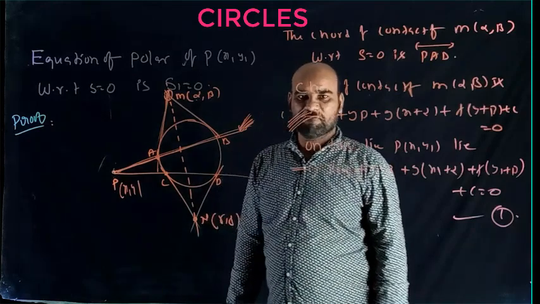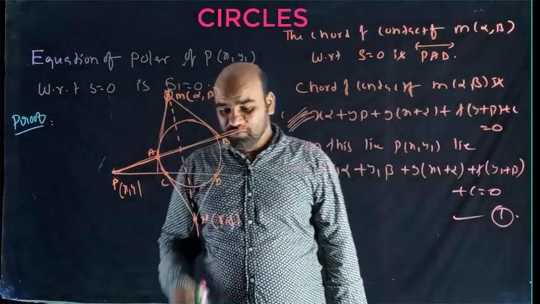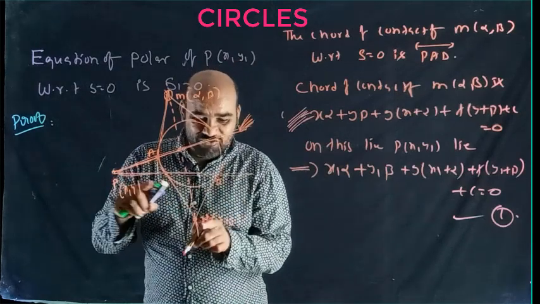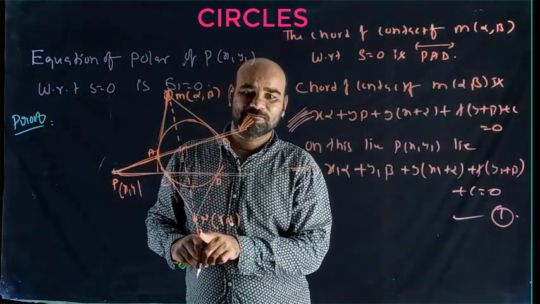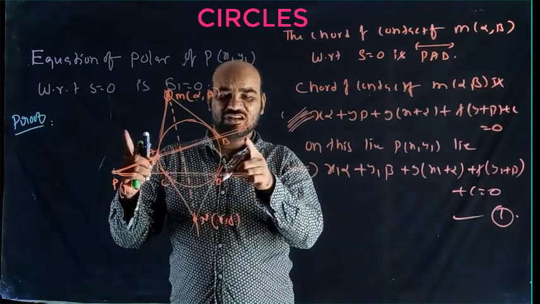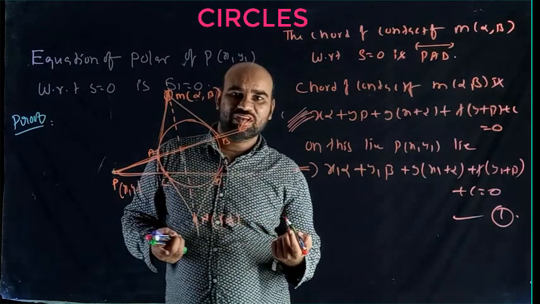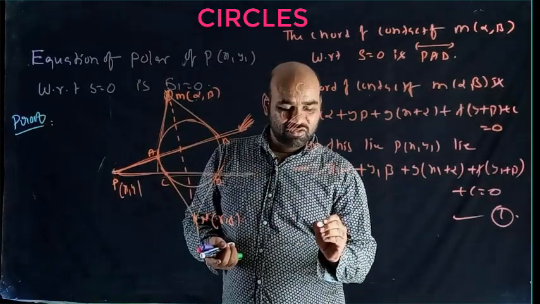Understood the plan? Okay. Similarly, this line is the chord of contact of the point N. Observe, through N tangents are drawn. The points of tangency are joined by a line, which is called the chord of contact. So that I want to write here.